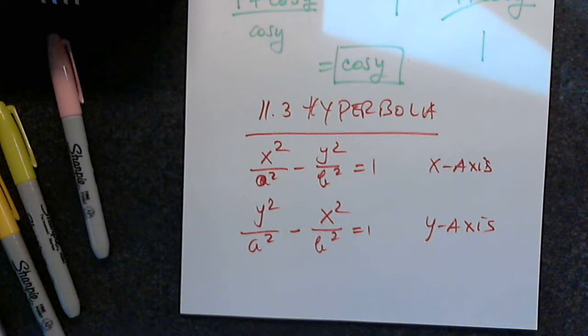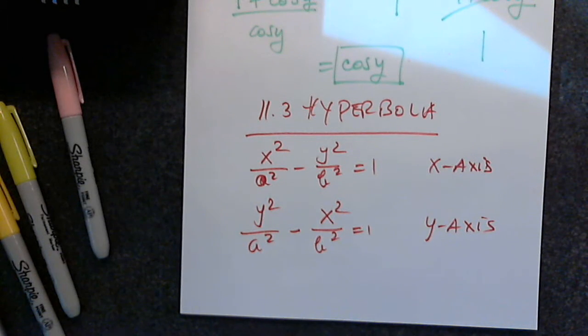The hyperbola has two foci, like the ellipse does. And let's look at an example in which we will find the vertices. The major axis is called the transverse axis here. The foci, the same, plus or minus c comma 0.